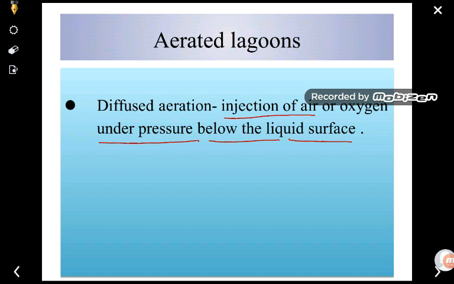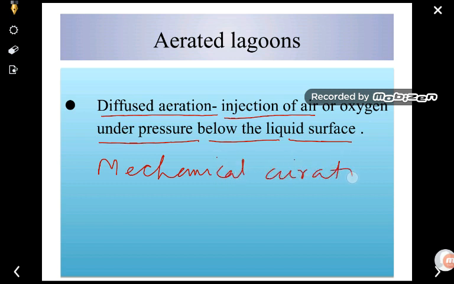When we provide air from below the liquid surface, it is said to be diffused aeration. Aeration is a big topic in itself, and normally aeration is given by 2 to 3 ways: one is diffused aeration, second is mechanical aeration, and third is a combination of both diffused and mechanical aeration.